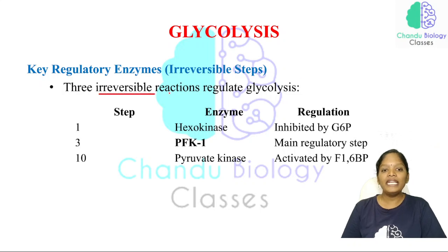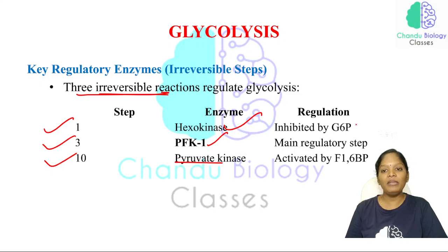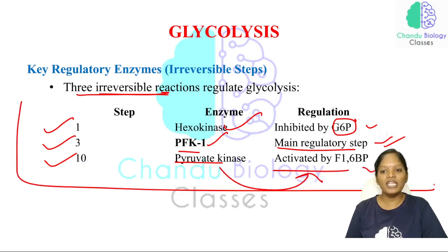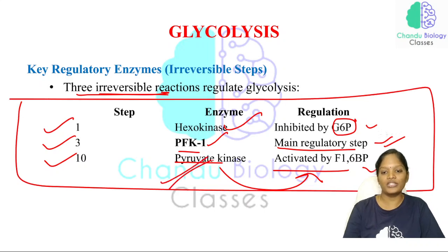Now, see the irreversible reactions are step 1, 3 and 10. Hexokinase, PFK, phosphofructokinase, pyruvate kinase. This hexokinase will be inhibited by glucose 6-phosphate. And PFK1 will be the main regulatory step. Just now I have explained to you. Pyruvate kinase is activated by fructose 1,6-bisphosphate. So these three reactions are irreversible reactions.